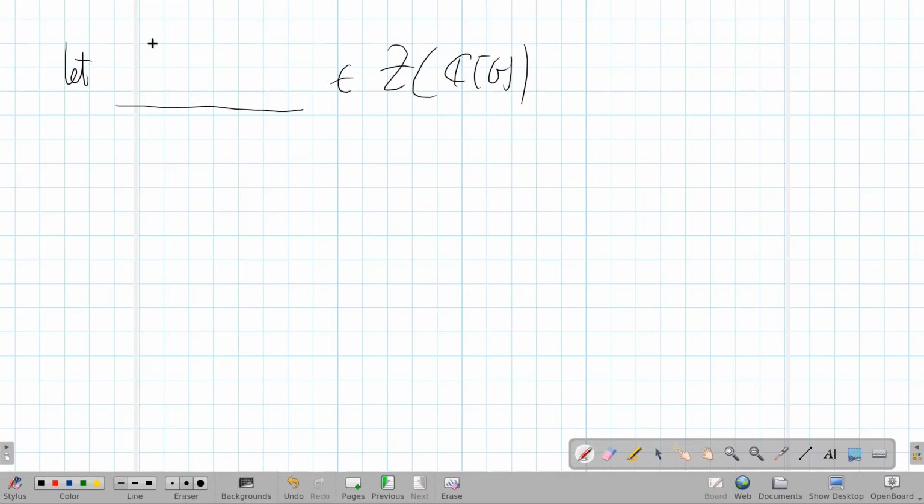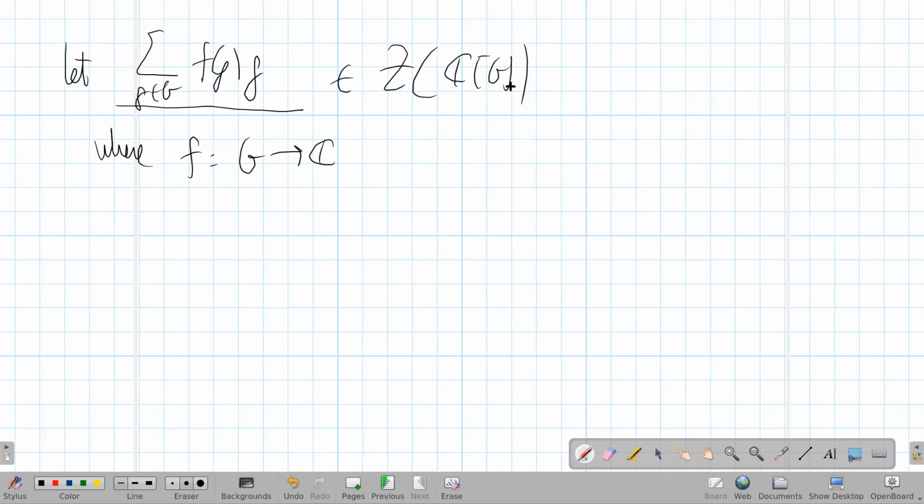Well, any element of the group algebra, once we identify delta functions with the elements of G, is a linear combination of the elements of G, where f of g is a function. This is just a coefficient in C.